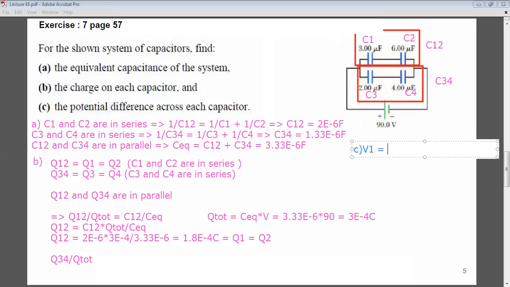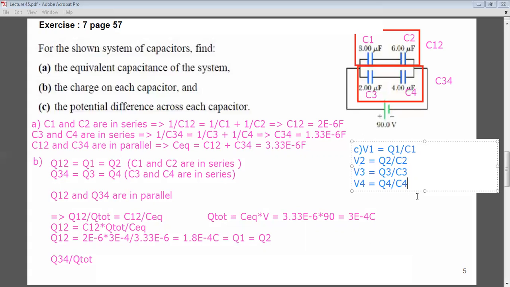So again, V1 will be Q1 over C1, V2 will be Q2 over C2, V3 will be Q3 over C3, and V4 equals Q4 over C4. Okay, you just plug the values. So I have Q1 and Q2, and Q3 and Q4.